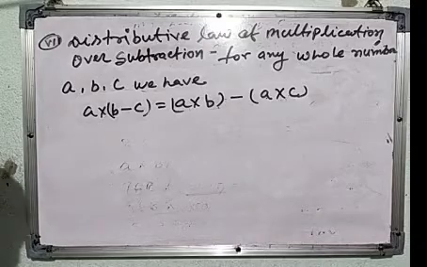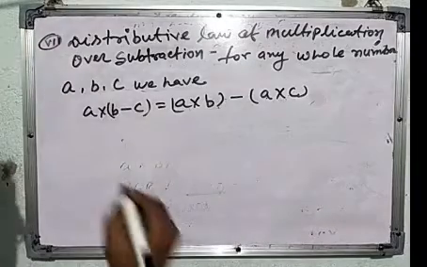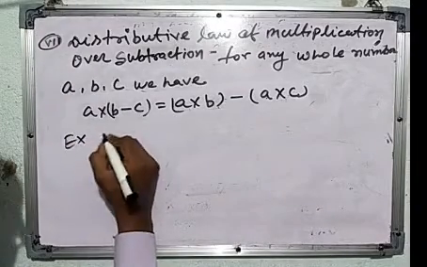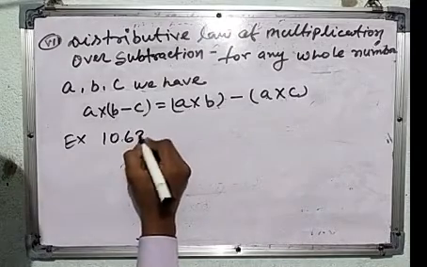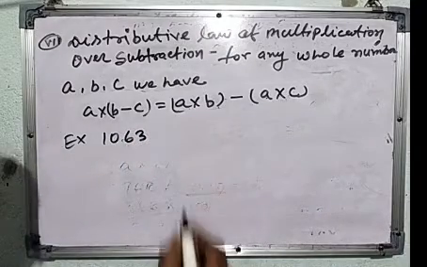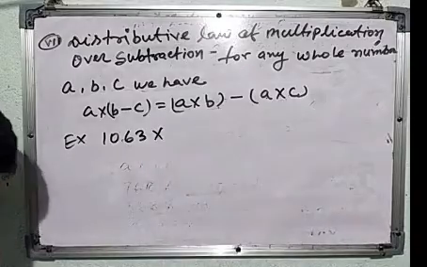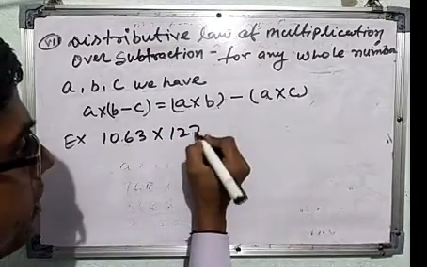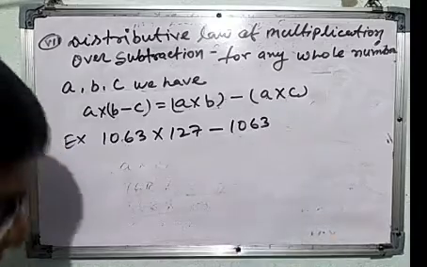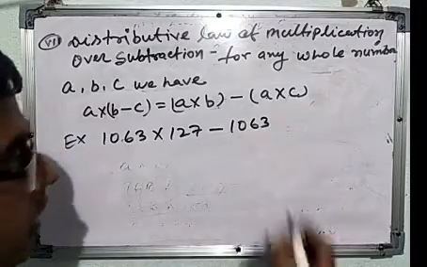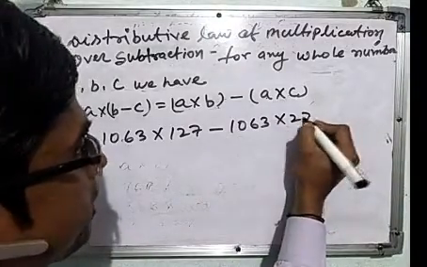For example, you have a question: 1063 into 127 minus 1063 into 27.